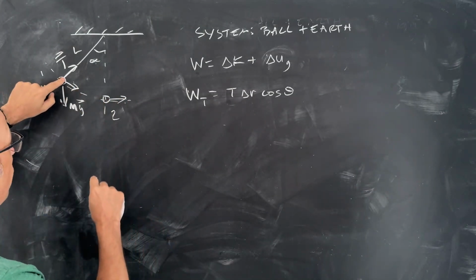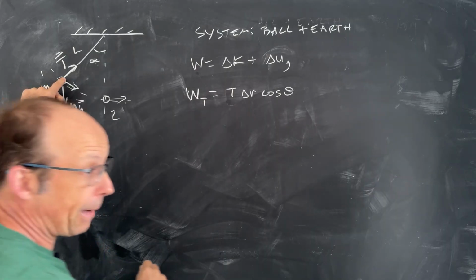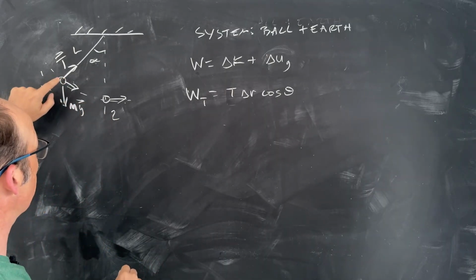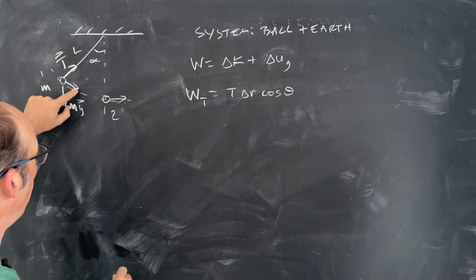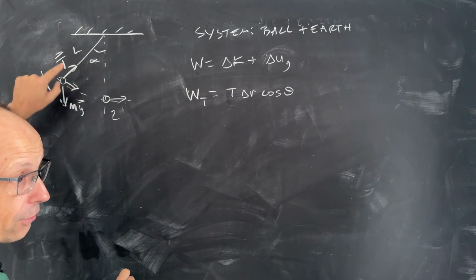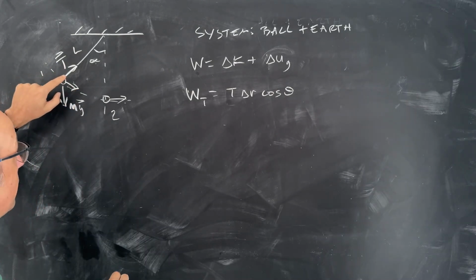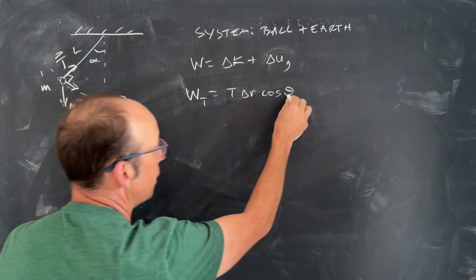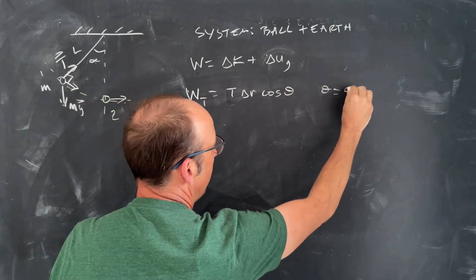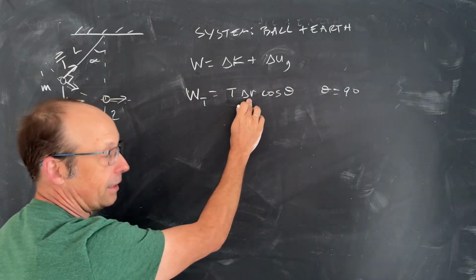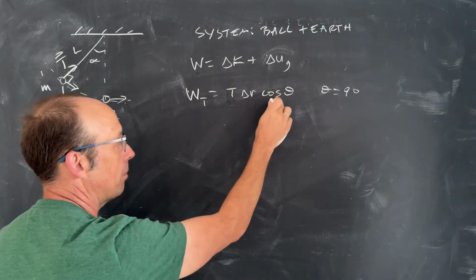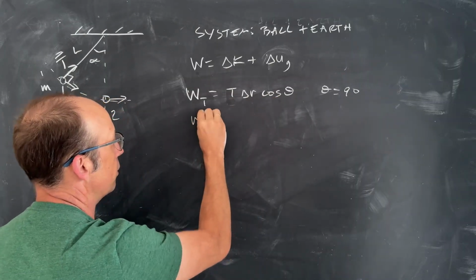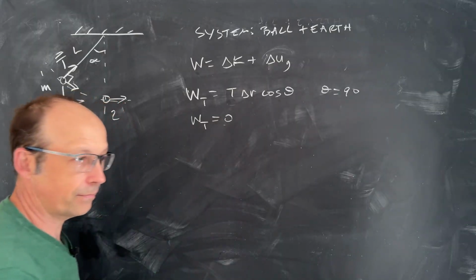Although the tension changes direction and magnitude as the ball swings down, delta r is always going to be moving perpendicular to the tension. So this is always a right angle, even when it gets down here. So theta is 90. I don't care what delta r is, because I'm multiplying by 0. So the work done by the tension is 0.